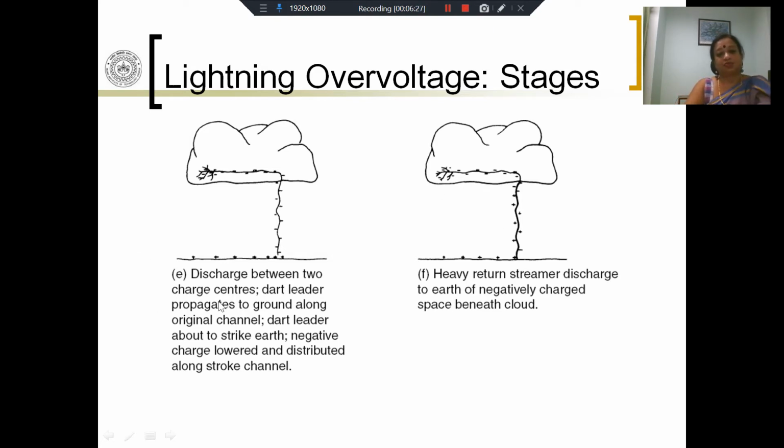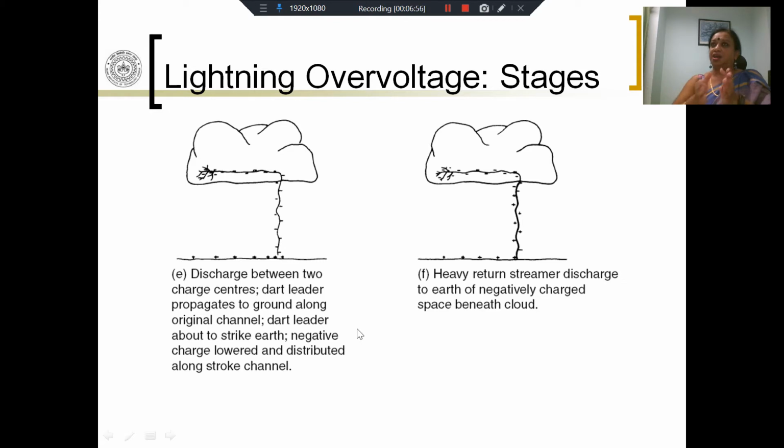Now note this point: after the first return stroke, when the second discharge happens, there is something called a dart leader. Any pilot streamer which leads the way along a previously ionized path in the second or subsequent strikes is called a dart leader, because it moves forward very fast, because it already has the work done for it.